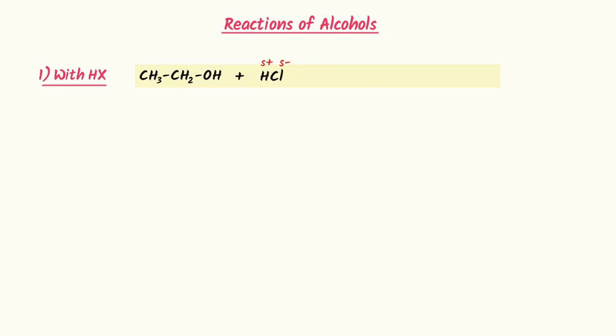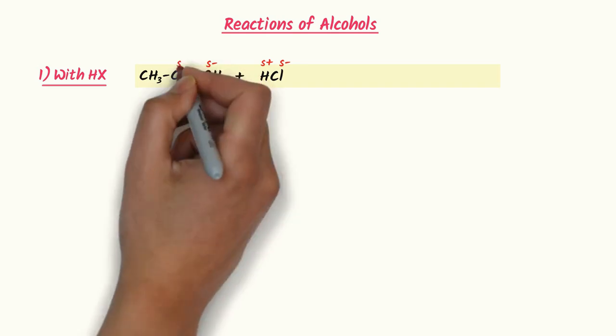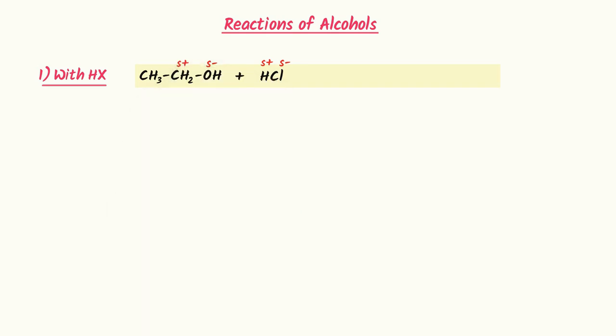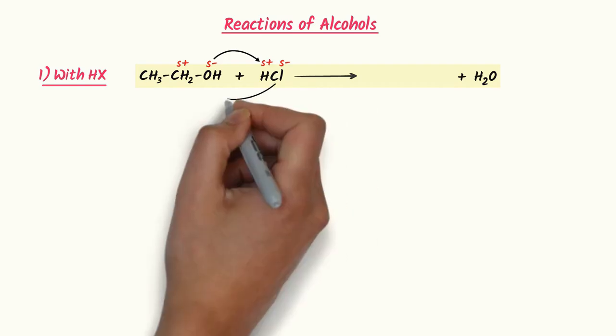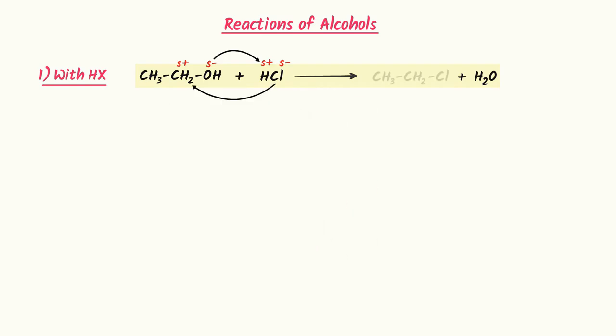On the other hand, oxygen is more electronegative than carbon, so it attracts shared pair of electrons towards itself. As a result, partial negative charge appears on oxygen and partial positive charge appears on carbon. Now this hydrogen attacks this OH, we get H2O. Secondly, this halogen attacks this carbocation, we get alkyl halide.